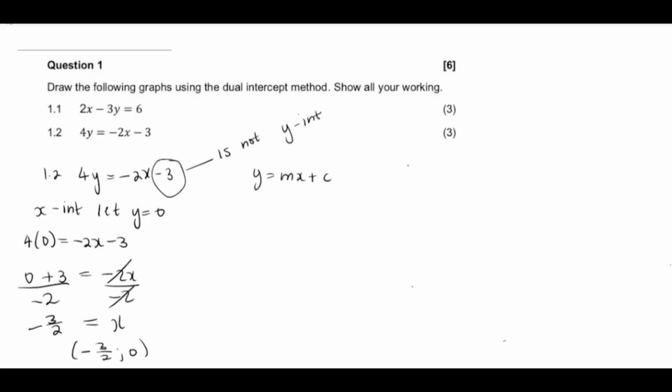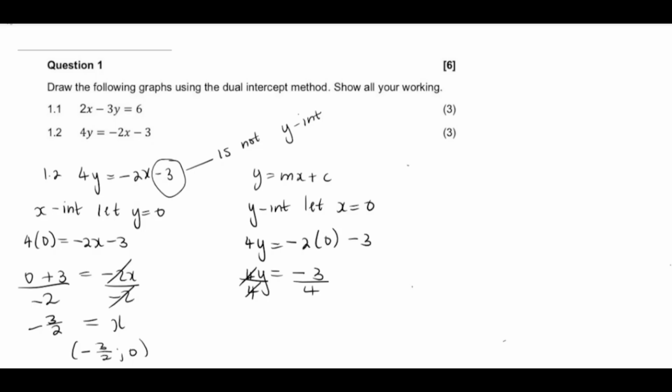Now let's go to the y-intercept. For the y-intercept, we let x equal 0. That means we have 4y is equal to minus 2 open bracket 0 minus 3, which simplifies to 4y is equal to, you can type all of this into the calculator, you get minus 3, and you divide both sides by 4 because we're looking for y, not 4y.